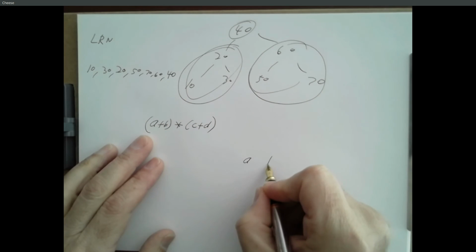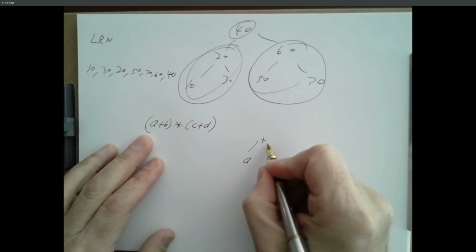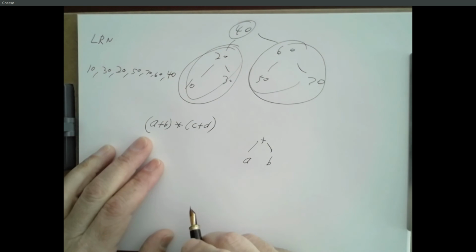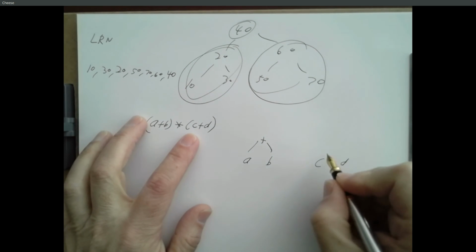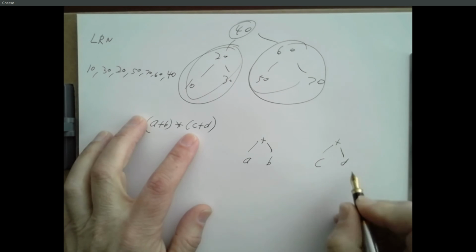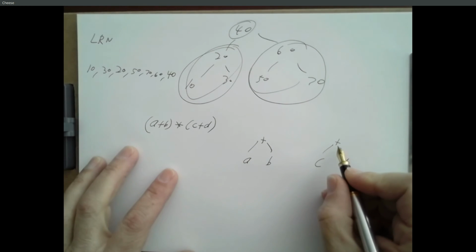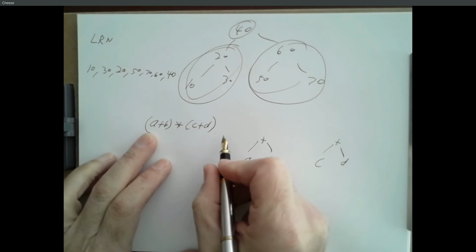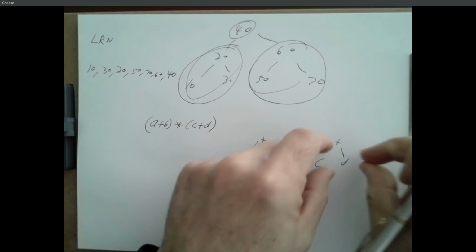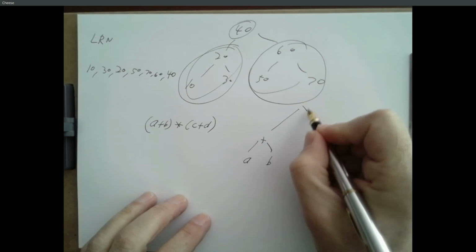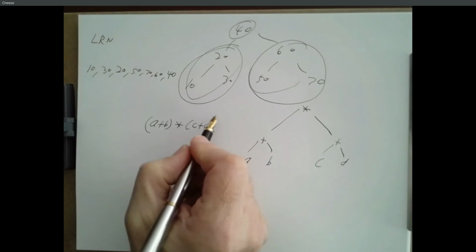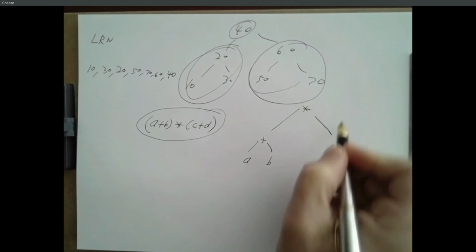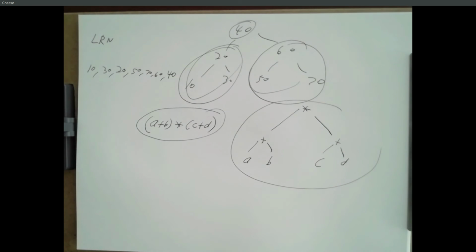So A, B, with a plus at the root, this means take A and add B. C plus D we can write as this. There's C and D, and the operation we're performing on them is a plus. And our original expression is this expression, that expression, multiplied together. So we can pretty easily transform an algebraic expression into a corresponding tree.